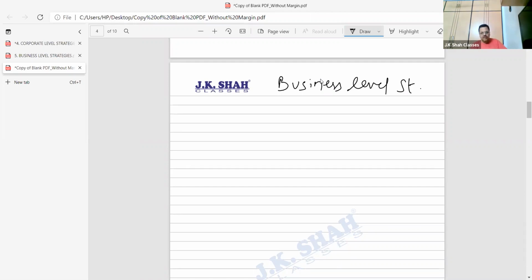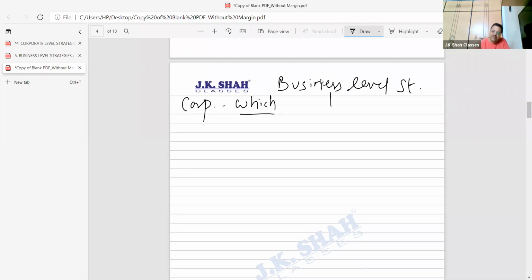Now, what is there in this chapter, beta, that we have to study? Please pay attention. See, the introduction goes something like this. It is said that in an organization, the top level that we have is the corporate level. Corporate level decides which business they should do.